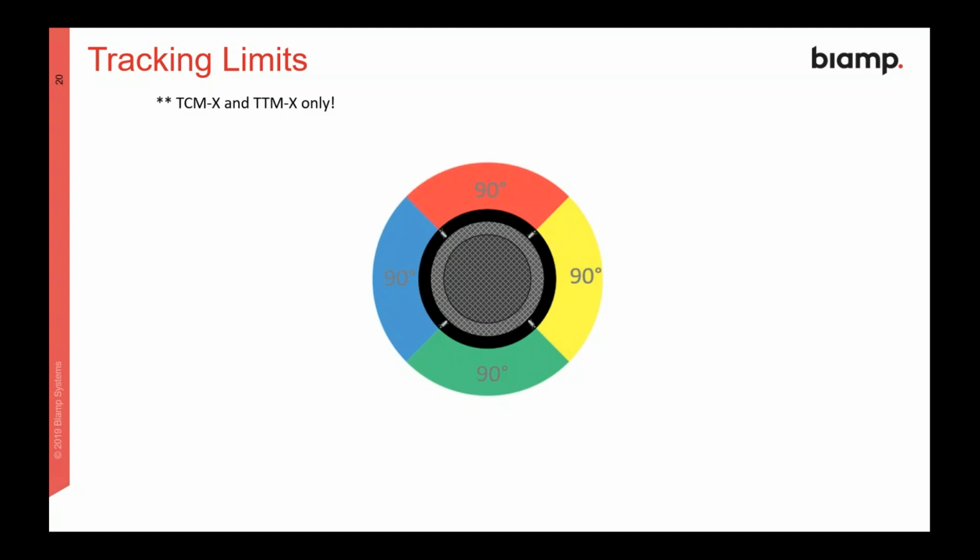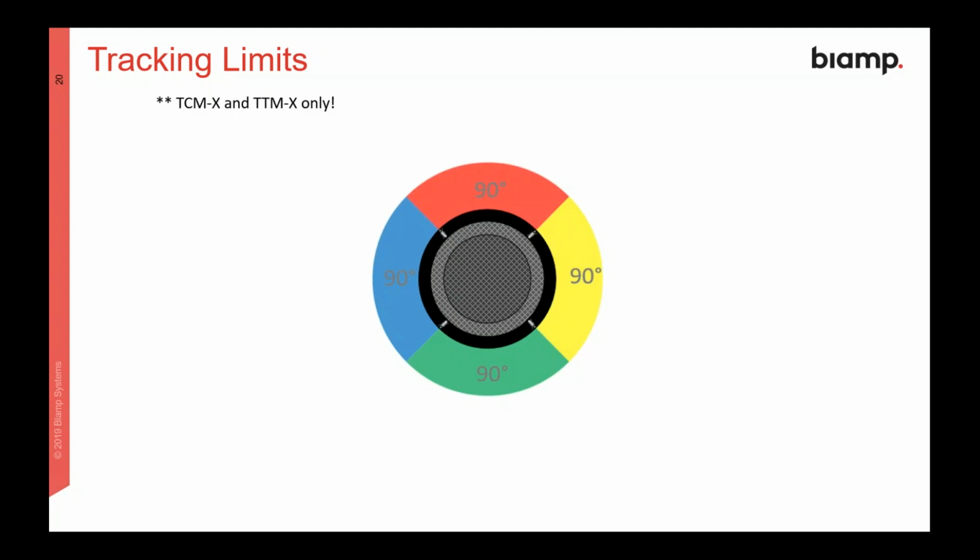So if you think of this little diagram, we have a red, a yellow, a green, and a blue microphone inside here. And as somebody talks, if they're within the coverage area of that yellow microphone, then we point that microphone in that direction. So the TCM1 is 3 beams, and each beam has a 120-degree coverage area. So the TTMX and TCMX are 4, and each one is 90 degrees.